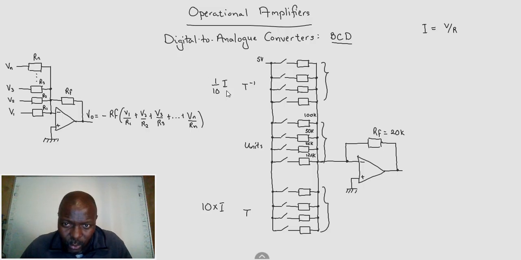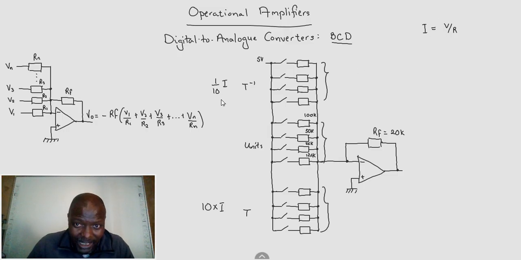So if I want to reduce the currents, there's one way of doing this. To reduce current, I can increase the resistance. But also, to reduce current, I can reduce the voltage.